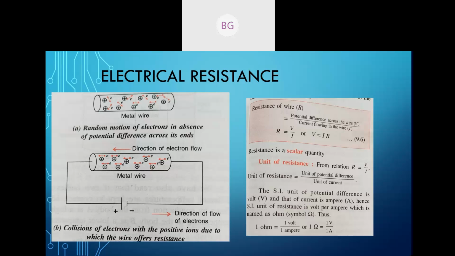Did you all understand what is resistance? Any doubts till now?